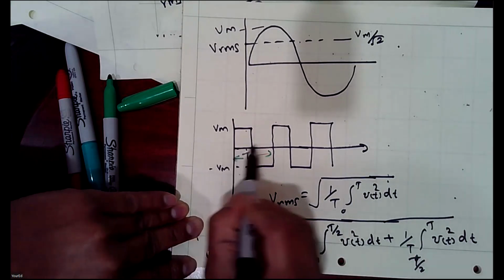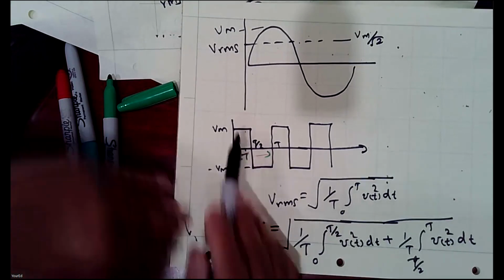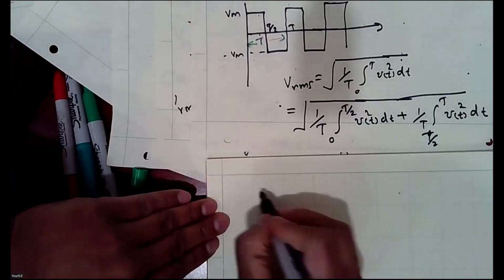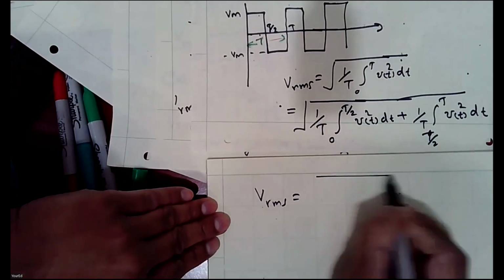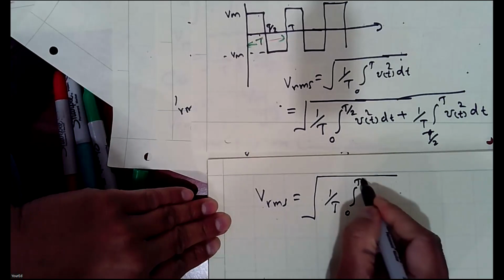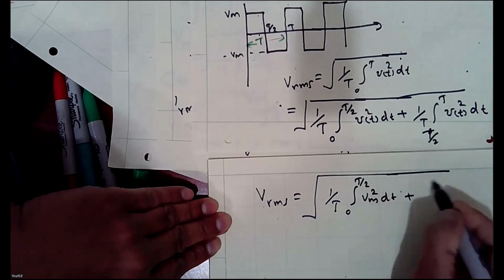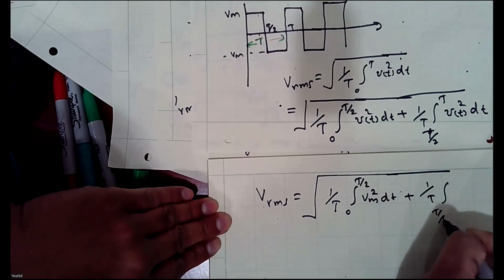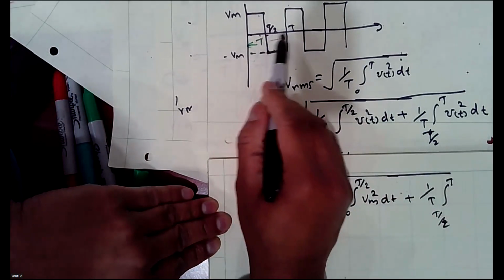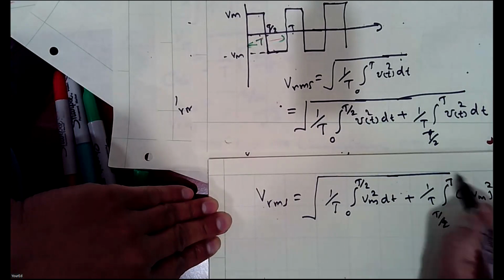So you know T by 2 is here, T is here. Till T by 2, my value is Vm. Therefore, Vrms is equal to 1 over T, 0 to T by 2 Vm squared dt, plus 1 over T, T by 2 to T, where the waveform is negative Vm, so negative Vm squared dt.